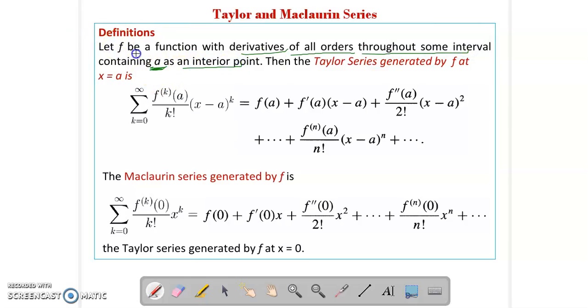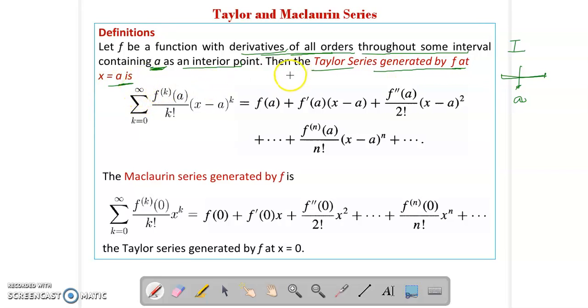Then you can write the Taylor series generated by this function at the point x equal to a, right?